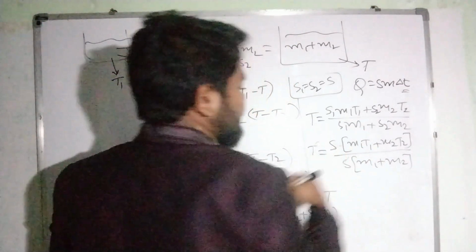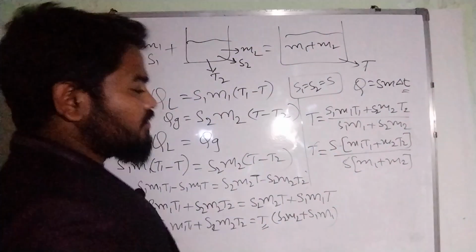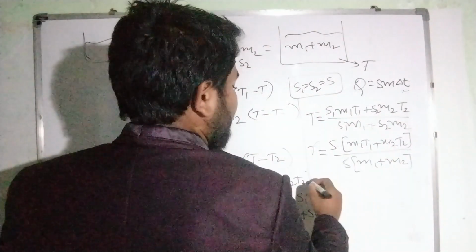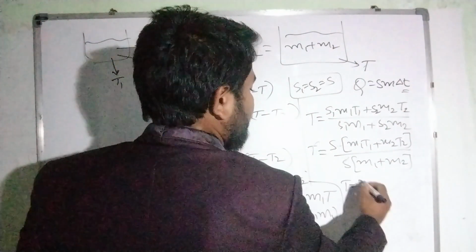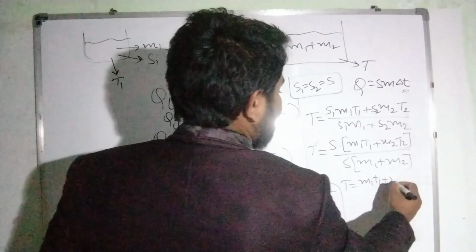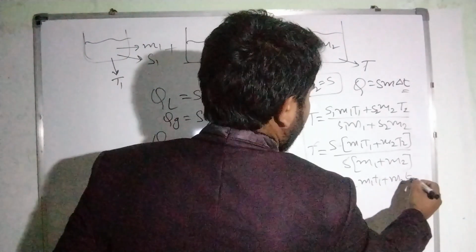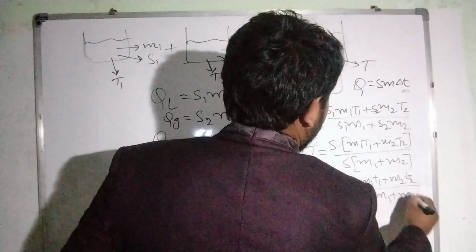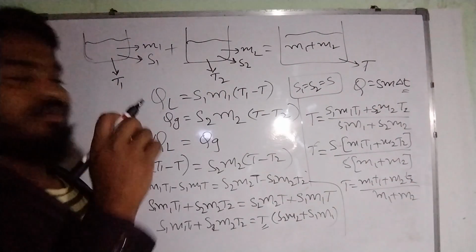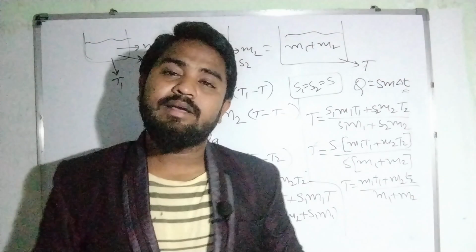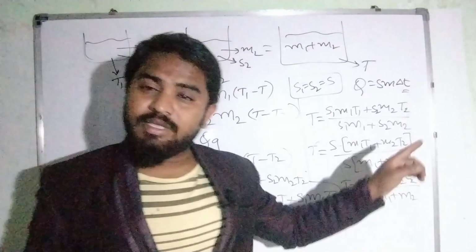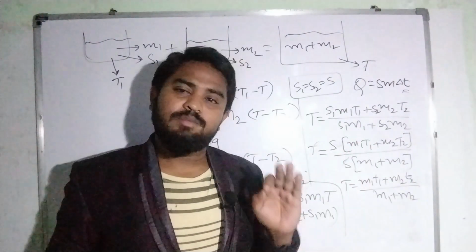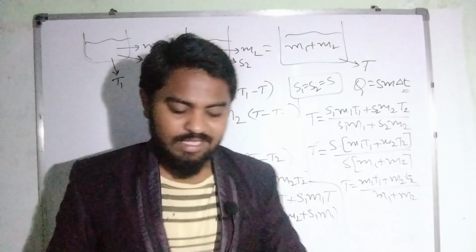Now S gets cancelled. The final temperature will be T equals M1 T1 plus M2 T2 divided by M1 plus M2. By using this formula, you can calculate the final temperature of the given mixture. This is about the principle of method of mixtures. Let's recall once again.